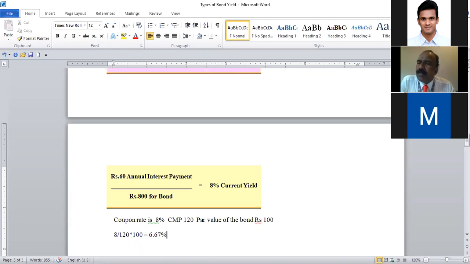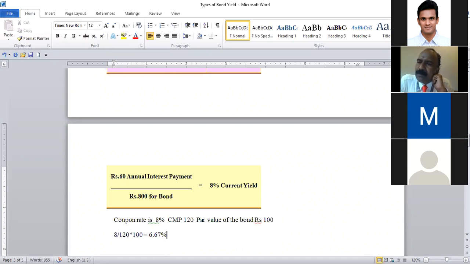So it's a relationship between interest rate and the market price. If the relationship is between interest rate and par value, it is called nominal yield. If the relationship is between interest rate and market price, it is called current yield. All of you understood? If the denominator is par value, it is nominal yield.